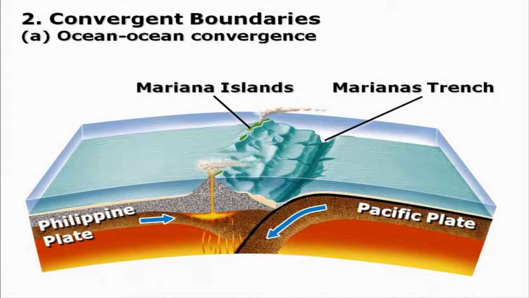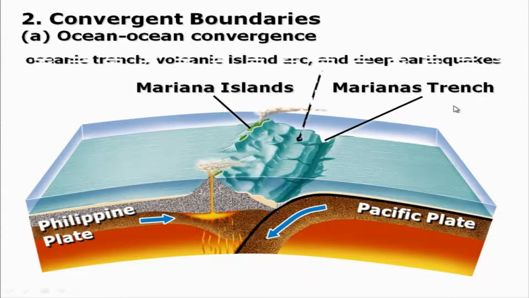Then the deepest part between the Pacific plate and the Philippine plate is marked by a trench, around 11,035 meter deep, termed the Mariana Trench. So, these are the features which are commonly seen when an oceanic plate subducts below an oceanic plate.